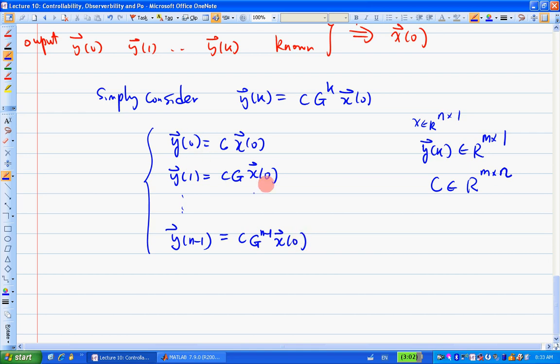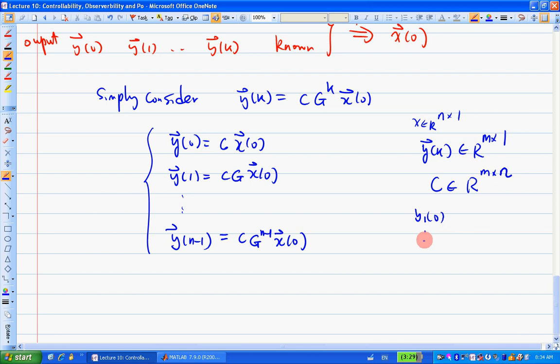C is m by n, x is n by 1, and y is m by 1. There are m outputs.